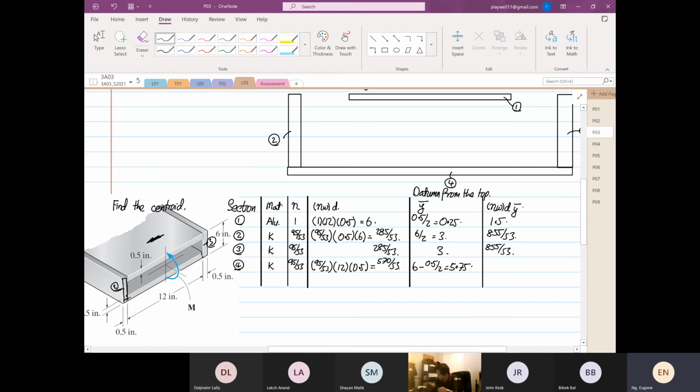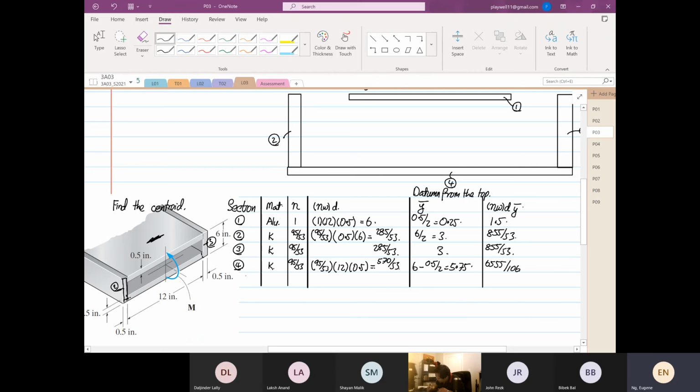I know this is quite tedious. I understand that, but it's important to find this accurately. So this is equal to 5.75 multiplied by 570 over 53 is equal to 6555 over 106.